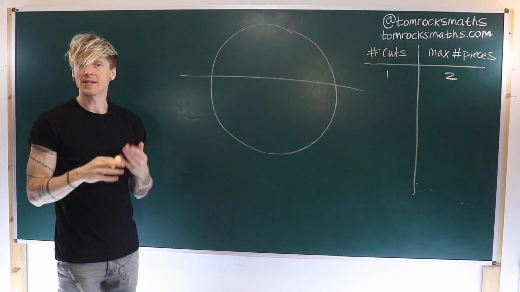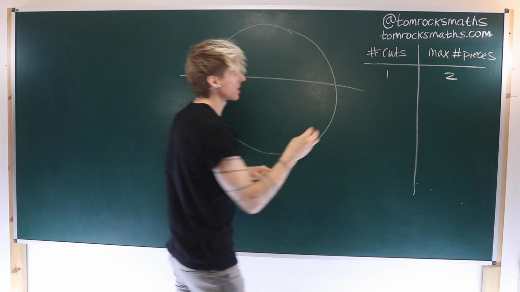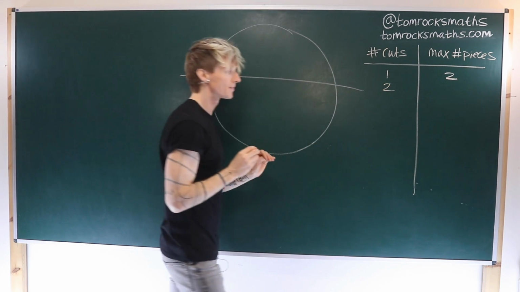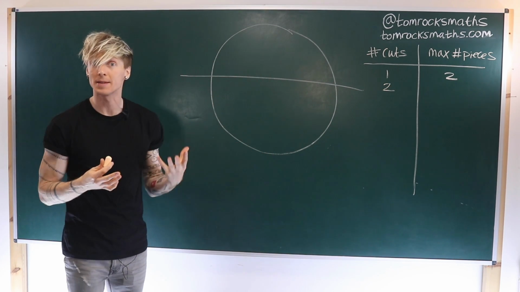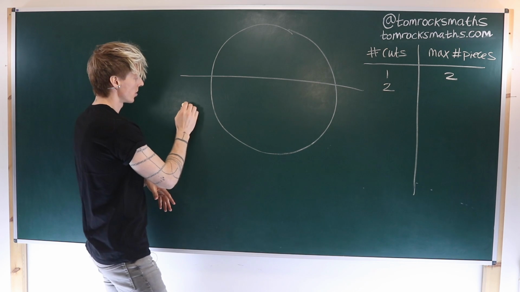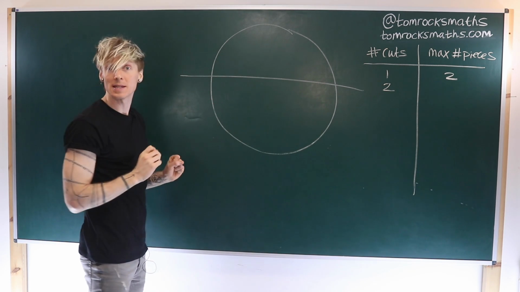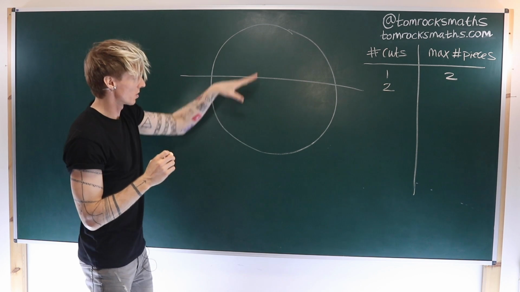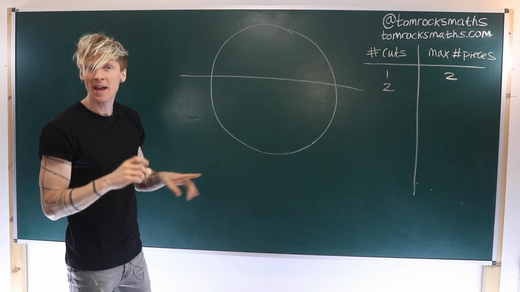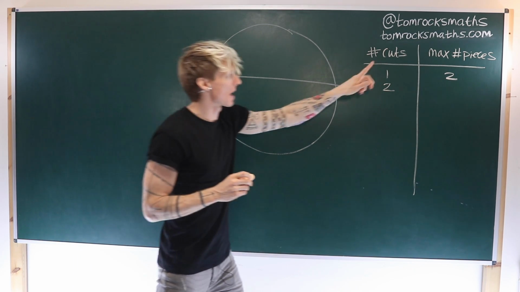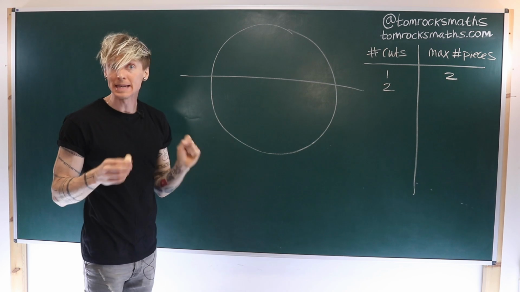Now, if I'm allowed a second cut, so n is now going to be equal to 2, then I've actually got a choice to make. I could do the cut here, and this would give me 3 pieces. However, we're trying to get the maximum number of pieces.